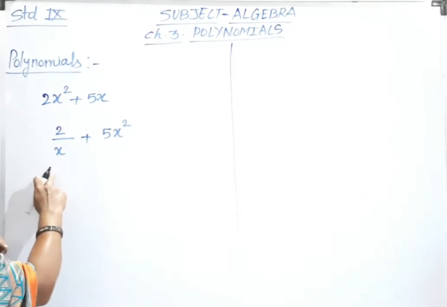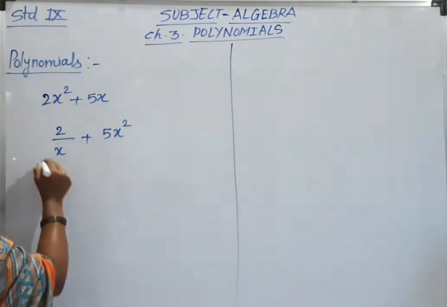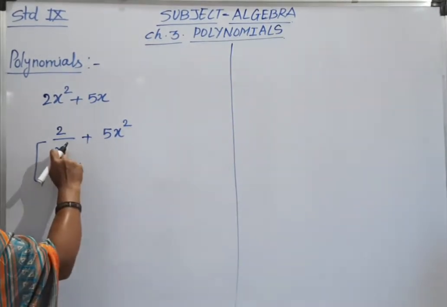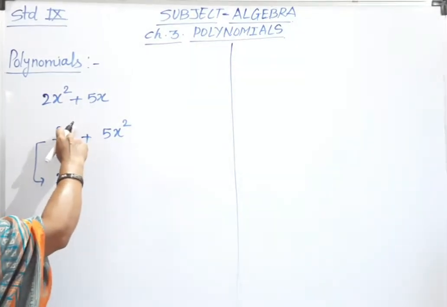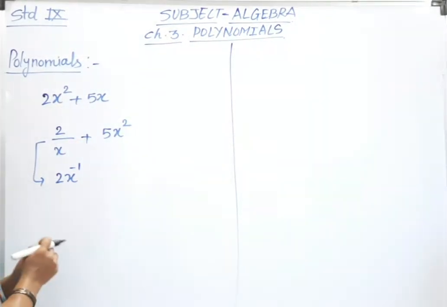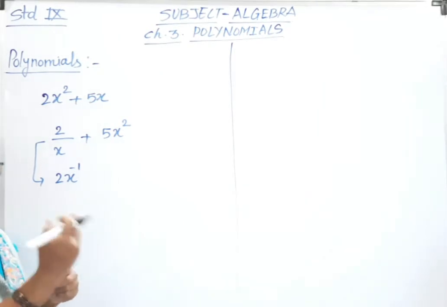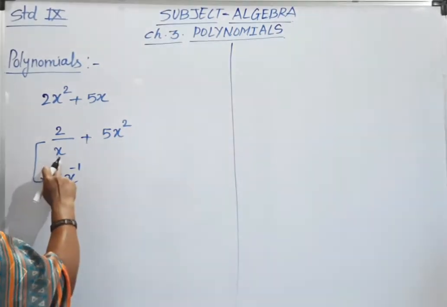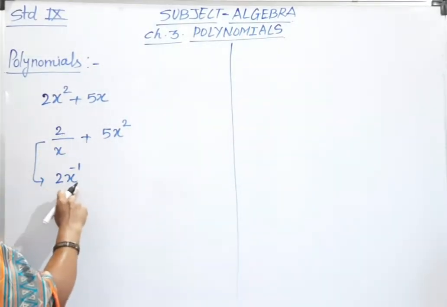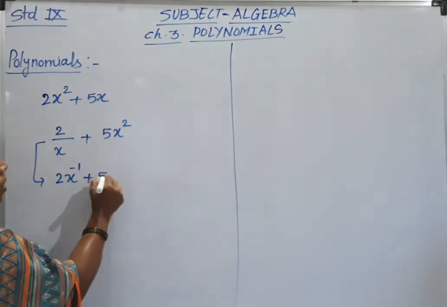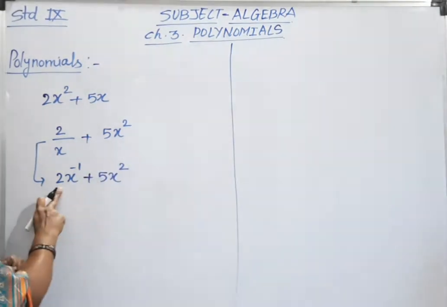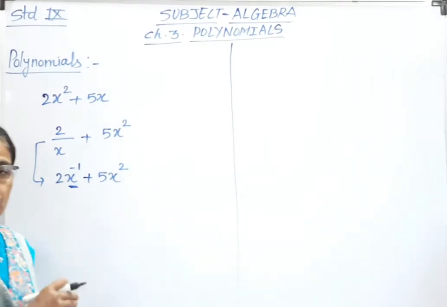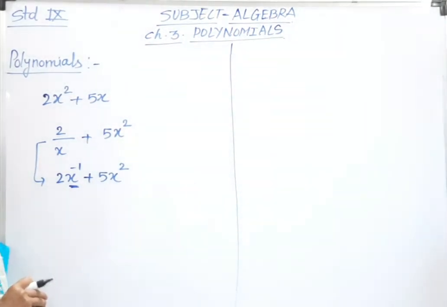So when we write this in standard form, we can write 2x raised to minus 1, because we have to use the law of index: a raised to minus m is equal to 1 upon a raised to m. So we write 2x raised to minus 1 plus 5x square. Now in this example, the degree of this variable is minus 1, which is not a whole number, that's why it is not a polynomial.